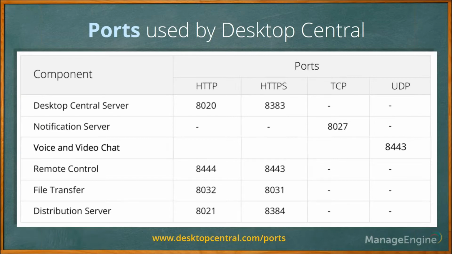For various other functionalities like remote control, we use 8444 and 8443 as ports, and for file transfer, we use 8032 and 8031. We also have voice and video chat with the agent machines, which uses UDP protocol 8443. So you can use those ports to communicate.